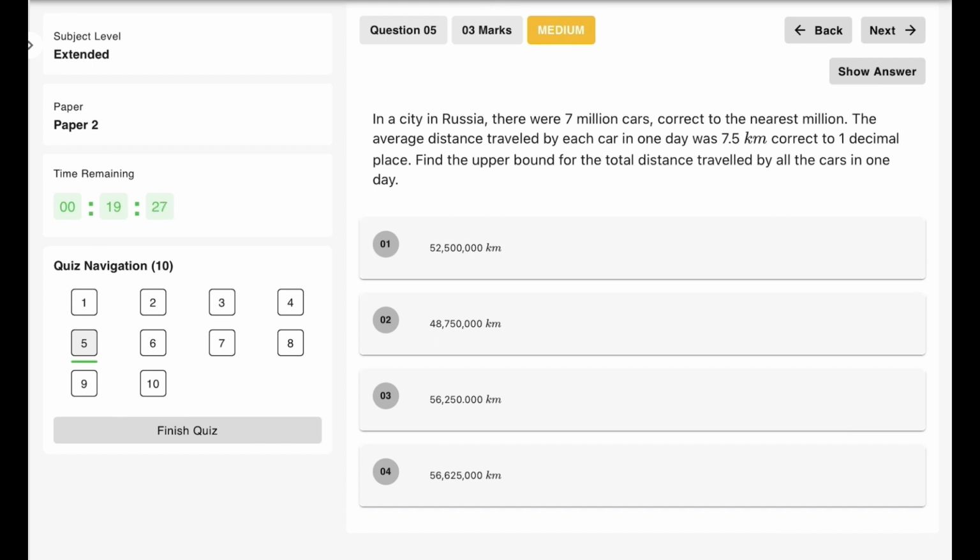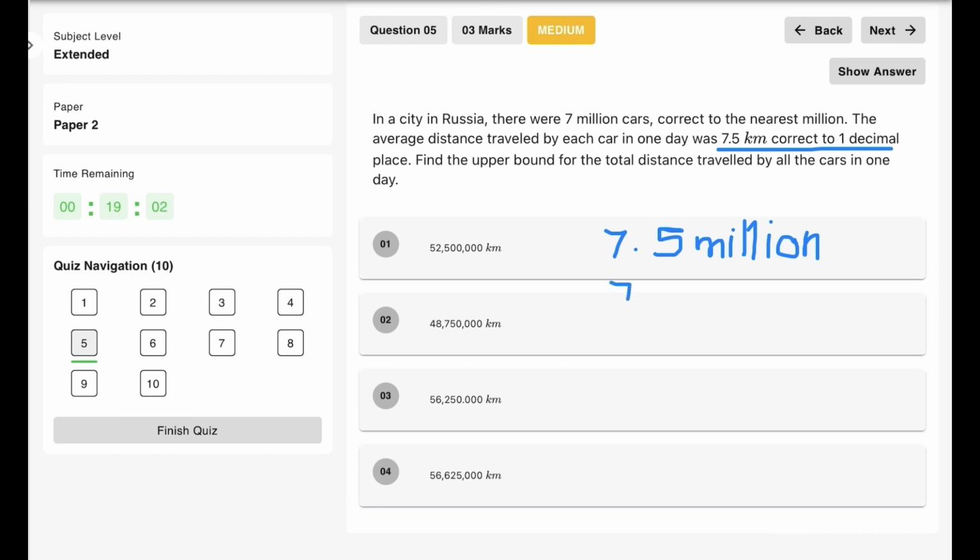Okay, so basically 7 million is rounded to the nearest million, right? And if we're looking at the upper bound of that, that's basically 7.5 million. And in the same way, 7.5 kilometers is being rounded to one decimal place.